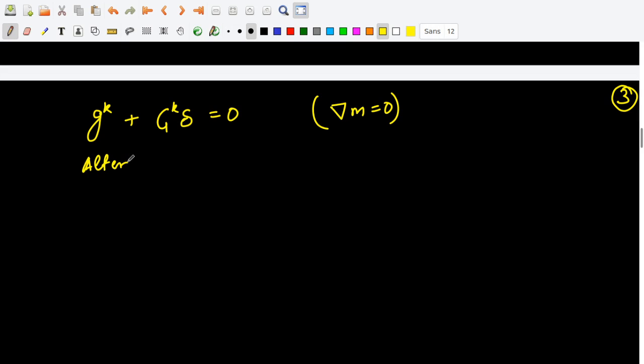Alternatively, delta is equal to minus Gk inverse times gk.